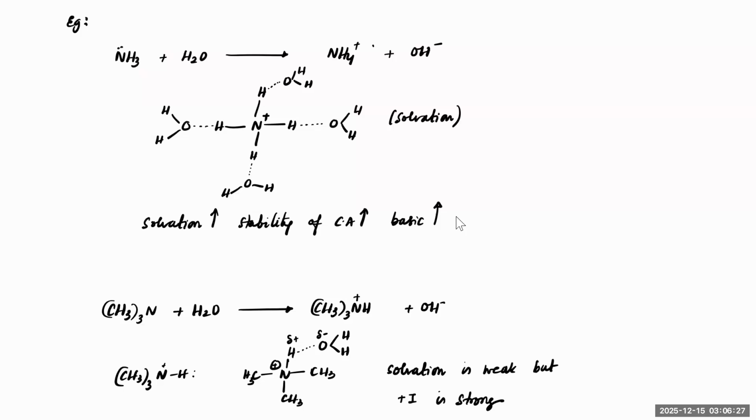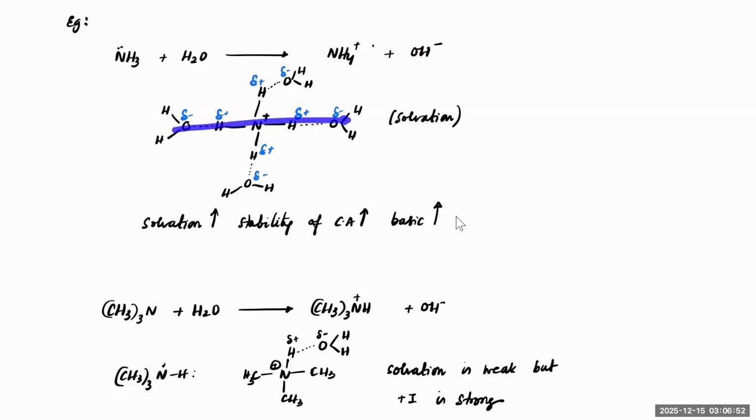Now what happens, the minute it becomes NH4 plus, immediately 4 water molecules will surround it. Why? All these hydrogens will have sufficient positive charge on them, and immediately the oxygen present in the water, which has sufficient delta negative charge on it, will make an attraction here.